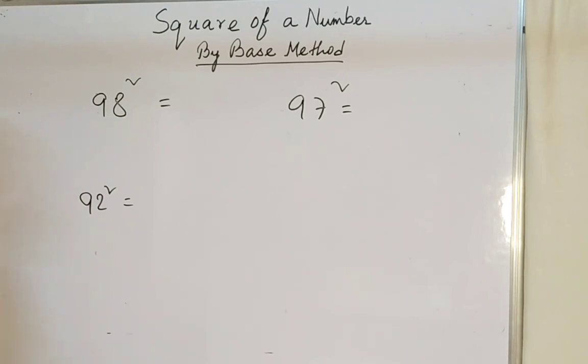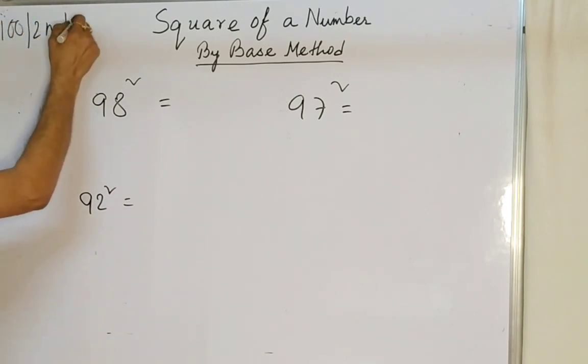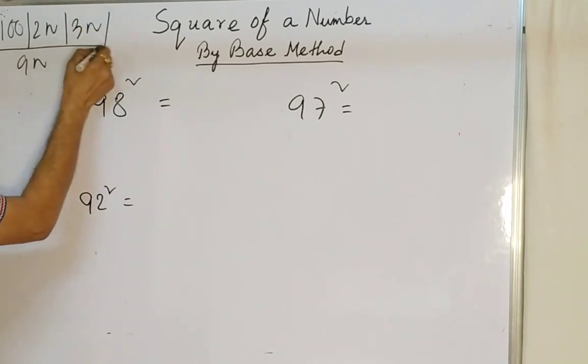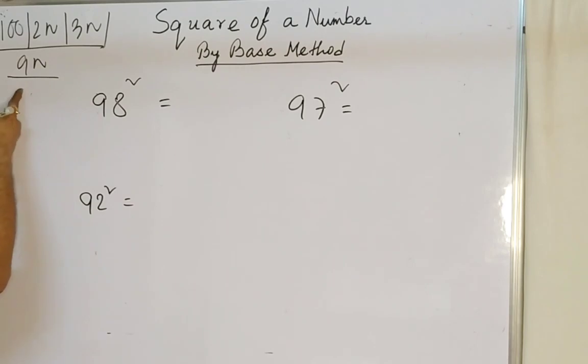Now we have to take a base of 100. You can take base as 100, 200, 300, or 900. These are known as round bases. The number may be below or above the round base.